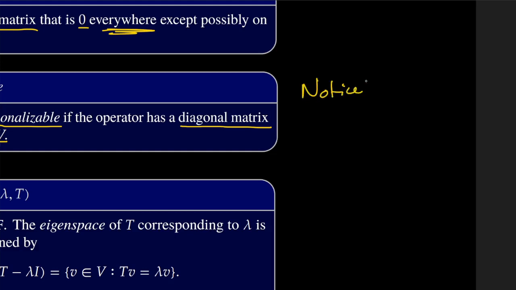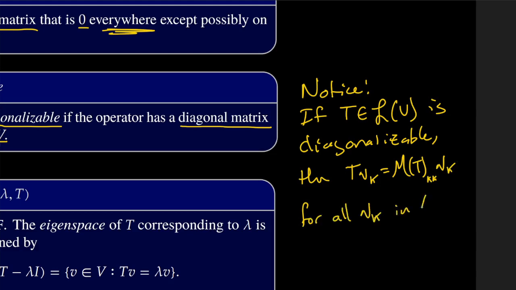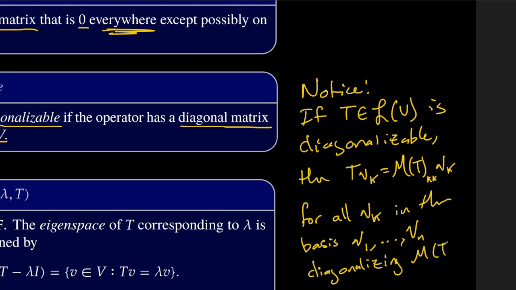Notice, if T is diagonalizable, then T of v_k, where v_k is in the basis v_1 through v_n diagonalizing the matrix of T, is just equal to the kth diagonal entry times v_k, for all v_k in the basis.